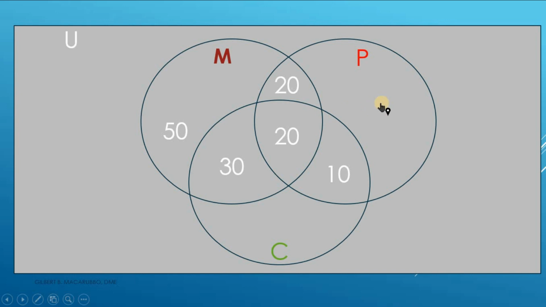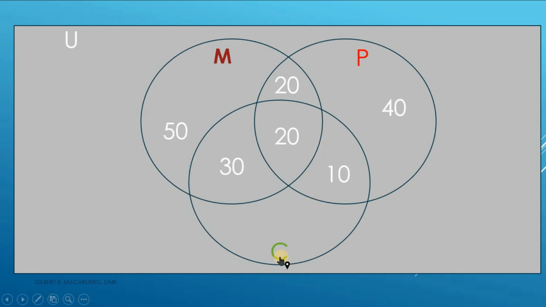So next, we have physics. So 90 students like to study physics. Okay, so since that is 90, ilan pang idadagdag natin para makuha natin yung 90? Okay, so meron pa tayong 40.